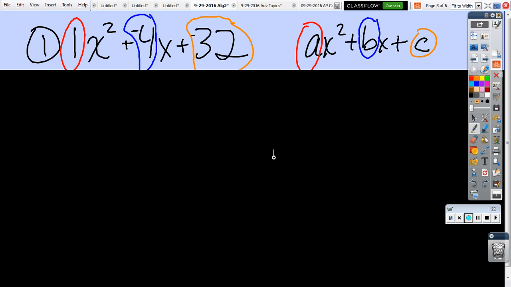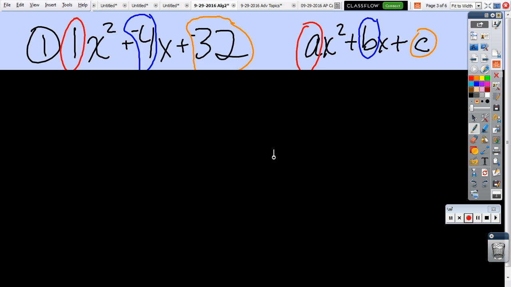That's what's in black. And so the form we have is ax squared plus bx plus c. This is called the AC method because we're going to multiply the a with the c first, and see what that product is.